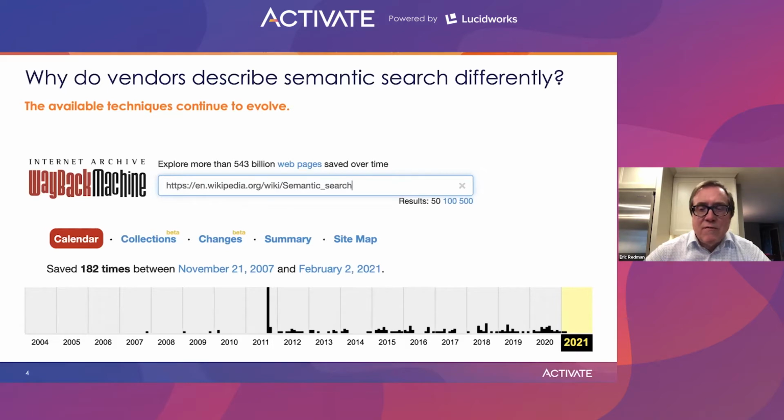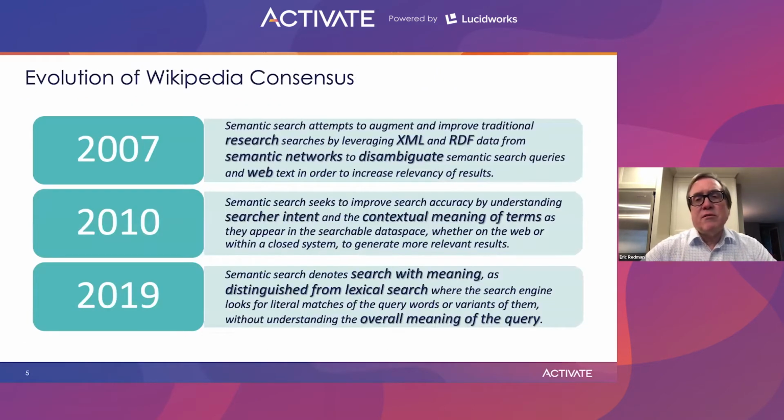You can see the chart here at the bottom of this slide showing the activity, essentially editors renegotiating that article every so often. And here are a few of the evolutions of the first sentence of that article that I've pulled out of the Wayback Machine.